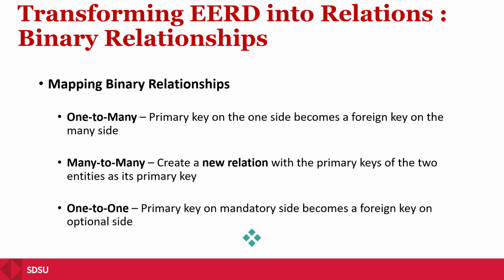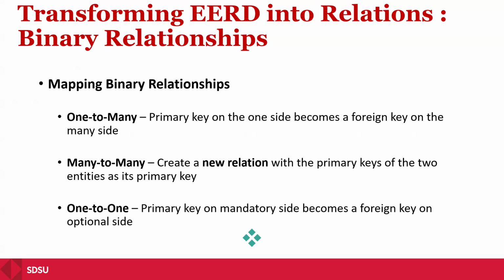And for each of those cases, we have rules for how to convert those into relations. So for a one to many relationship, it's pretty simple. We have a primary key on the one side, which will be referenced by a foreign key on the many side. If we don't have the foreign key as part of our diagram, we add it. If we have it, great.